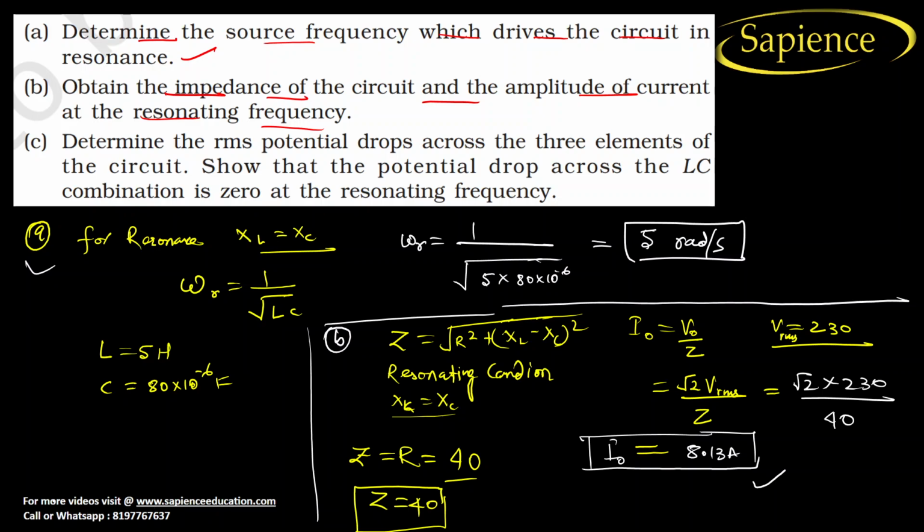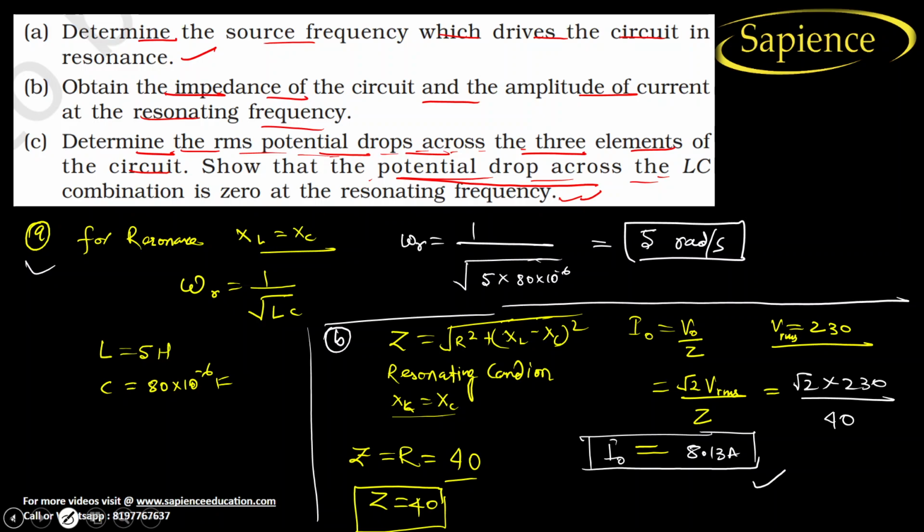Now let's go for the next part. Read the question carefully so that you can understand it. Determine the RMS potential drop across the three elements of the circuit. Show that the potential drop across the LC combination is 0 at resonance frequency. I will come to that part later. First of all, you need to determine the RMS potential drop across the three elements. So let us draw it.